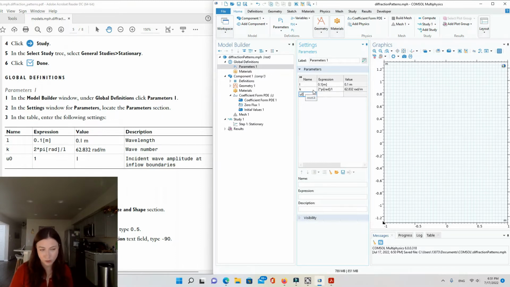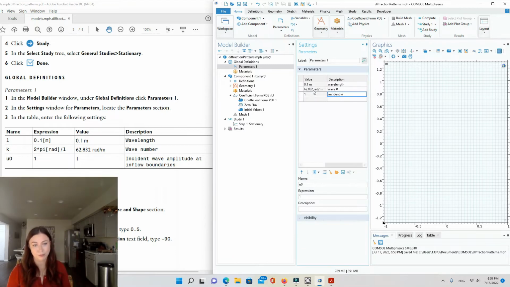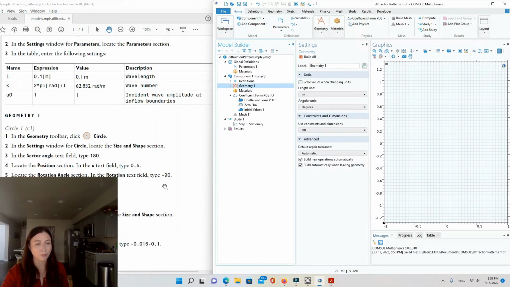And U naught is the value of 1, which is the incident wave amplitude at inflow boundaries. So we have a normalized wave amplitude here. Alright, now we're ready for geometry.